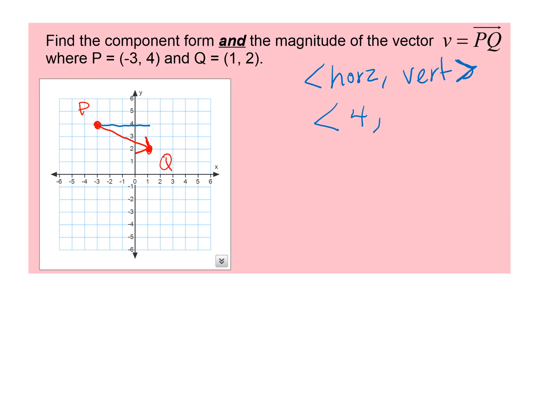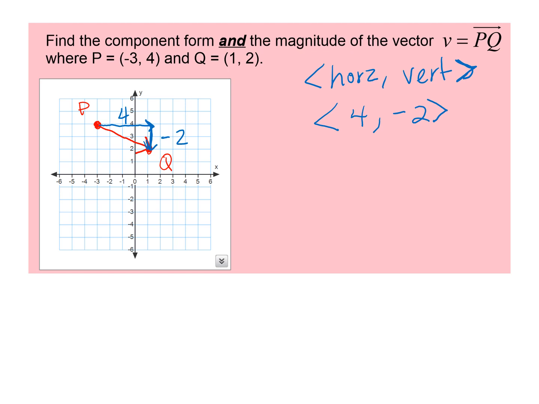And then my vertical component, I am going down, and since down is in a negative direction, that would be a -2. So this vector with initial point -3, 4 and terminal point 1, 2 can be written in component form, and it is <4, -2>.